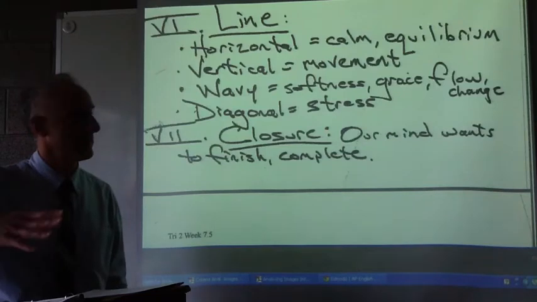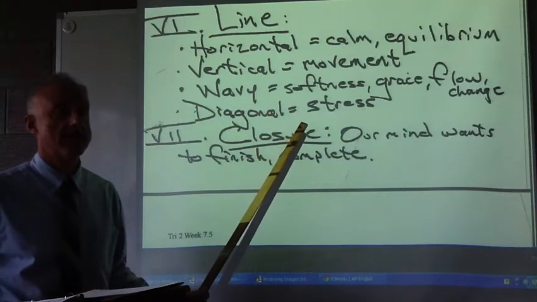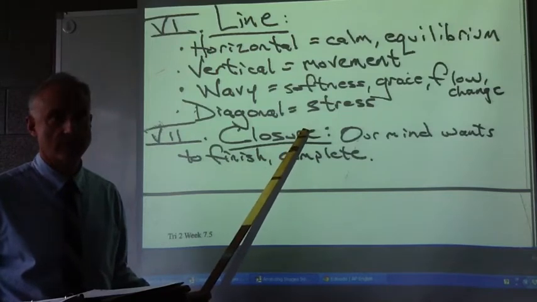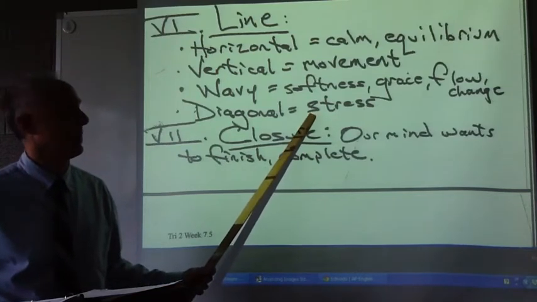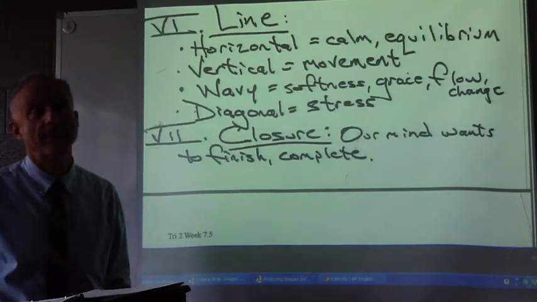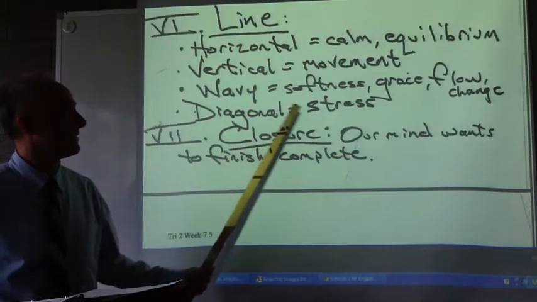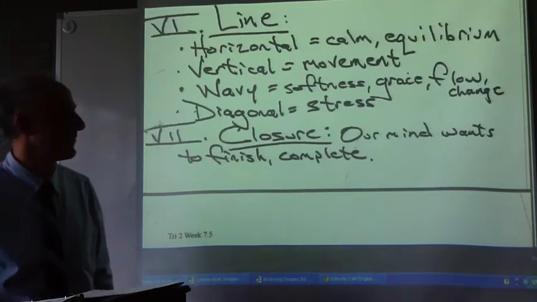Things aren't staying the same. Diagonal. Remember this when we analyzed the Dr. Seuss cartoons from World War II. Diagonal equals stress, but I don't think it always has to be a bad stress. It can just mean that something is dynamic, perhaps. So diagonal means stress, oftentimes.